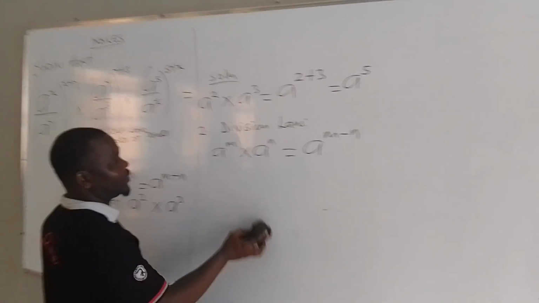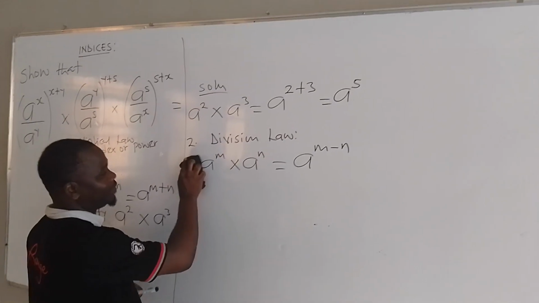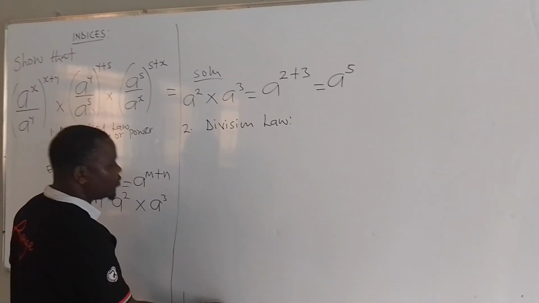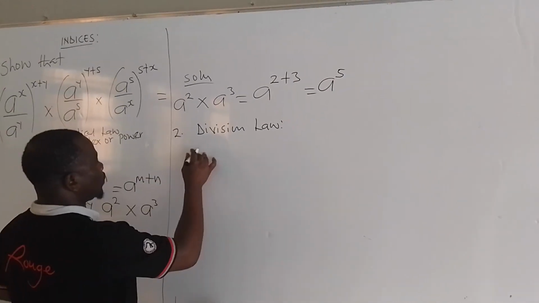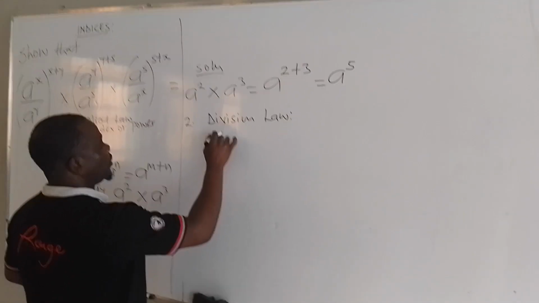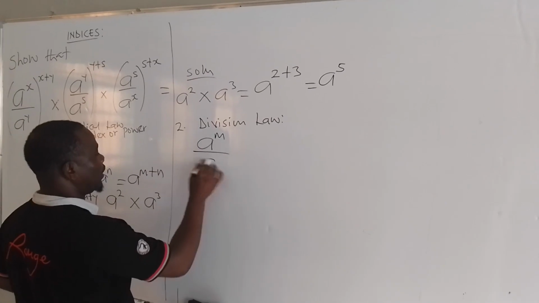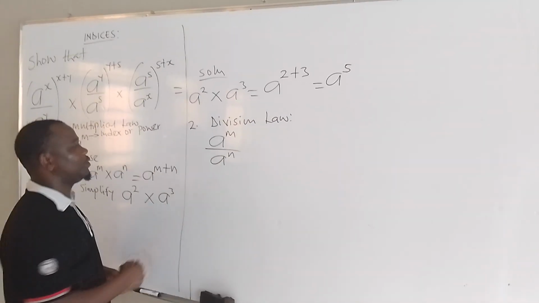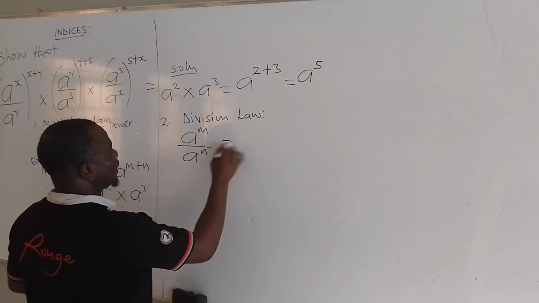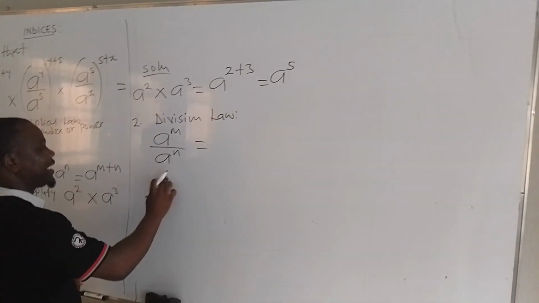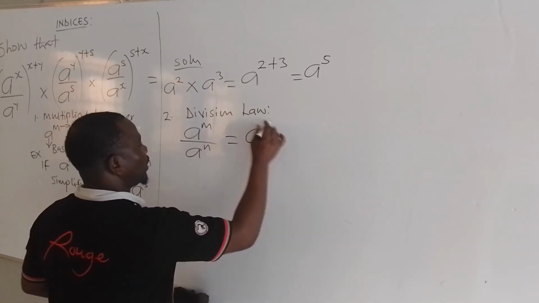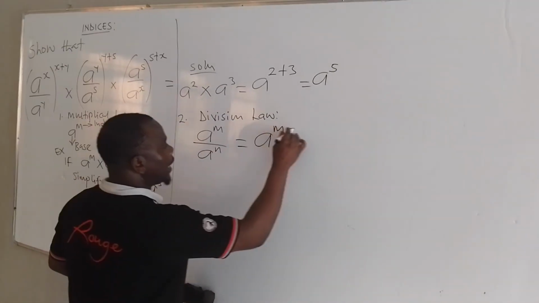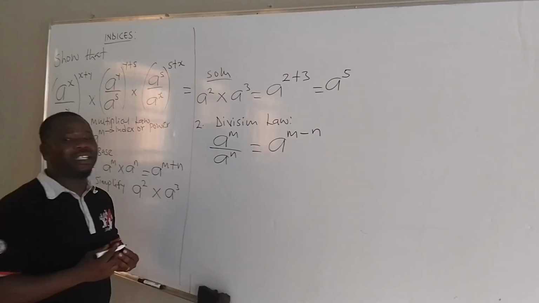Sorry, we are talking about division, not multiplication. Is that clear? A raised to the powers of m all over a raised to the powers of n. Please take notes. This is division. It implies that this equals, since the bases are the same, you now write a raised to the powers of m, since it is division, minus n. This is the final answer.